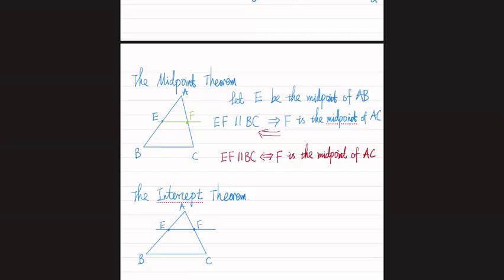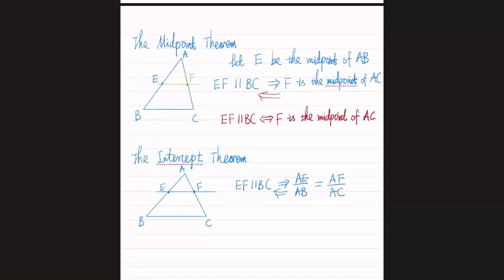We showed that if EF is parallel to BC, then the ratios are equal, and we also showed the converse is true.